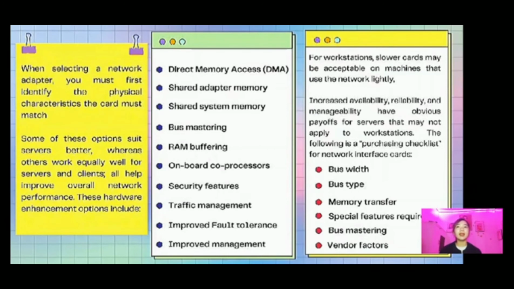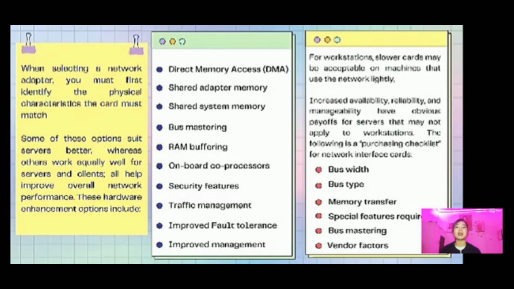When selecting a network adapter, you must first identify the physical characteristics that the card must match. Some of these options suit servers better, whereas others work equally well for servers and clients. All help improve overall network performance.